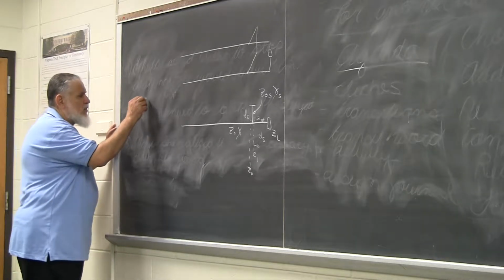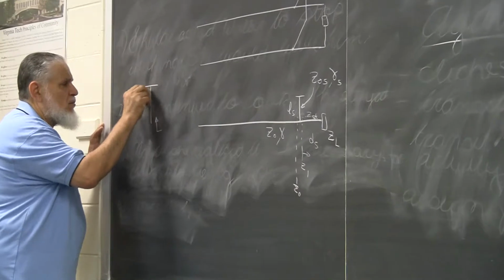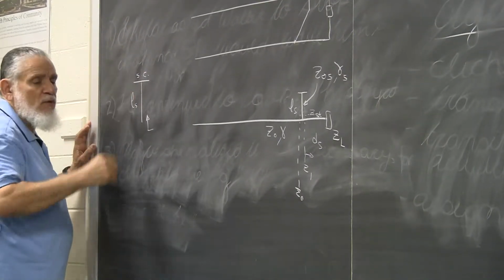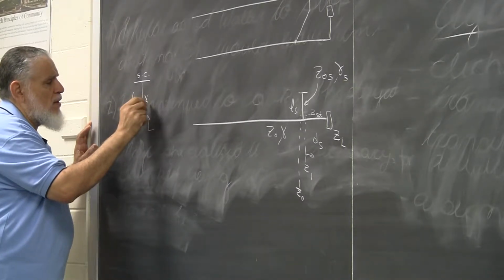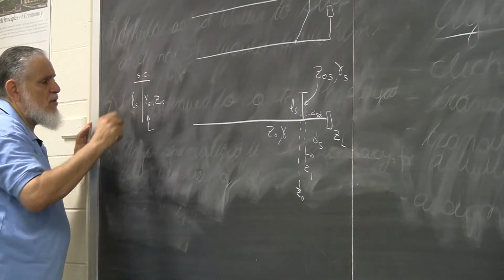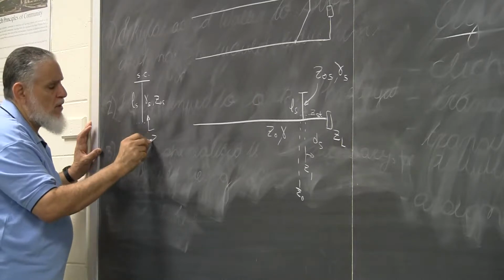Z of the stub is the input impedance of the stub of length LS, short circuited here, for example, or open circuit. And gamma S and Z0S, these are the characteristics of the line itself, and this would be the impedance here, Z of the stub.